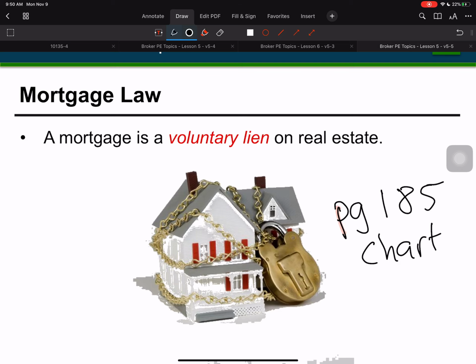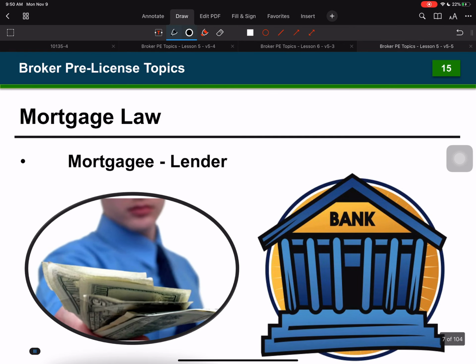The chart will show you the different types of liens. Every time we talk about liens, we always talk about money. So on page 185, you should see that a mortgage is a voluntary lien on real estate.